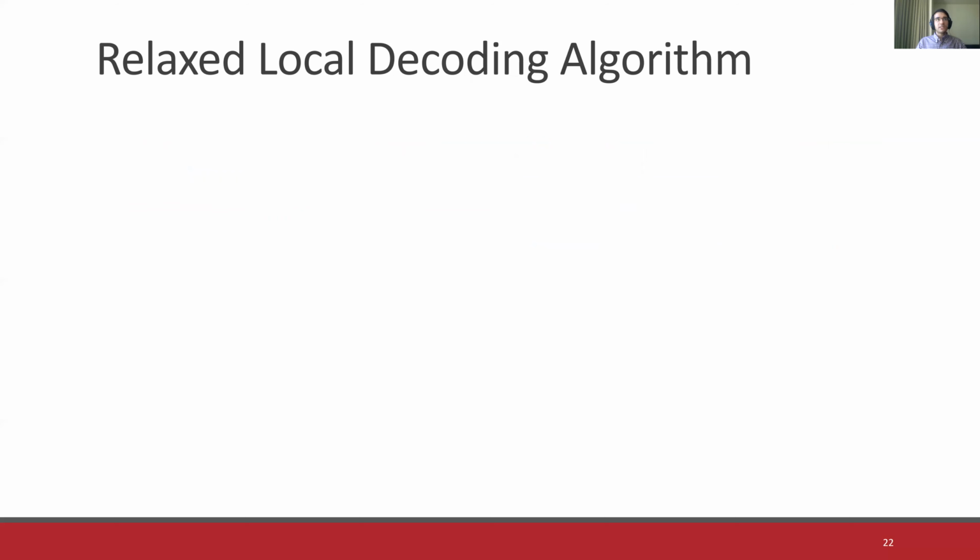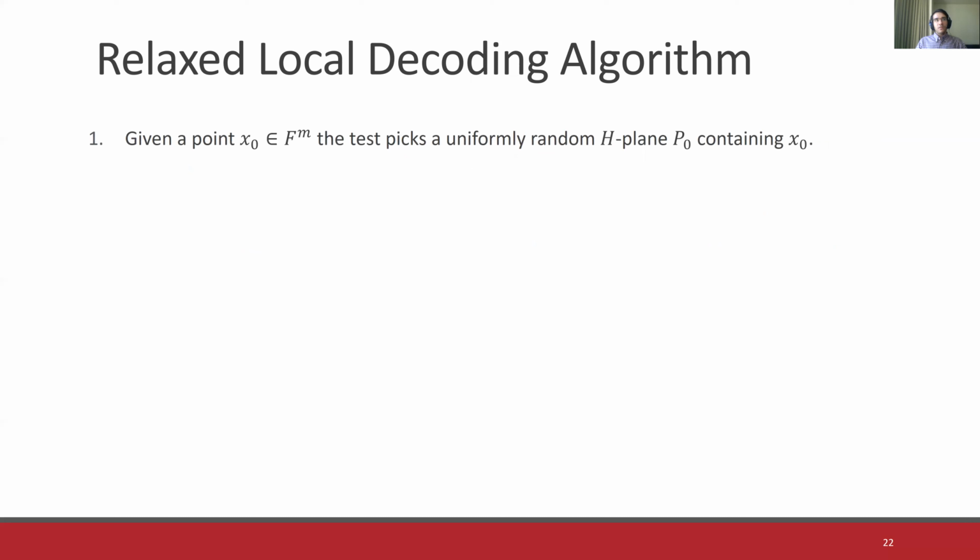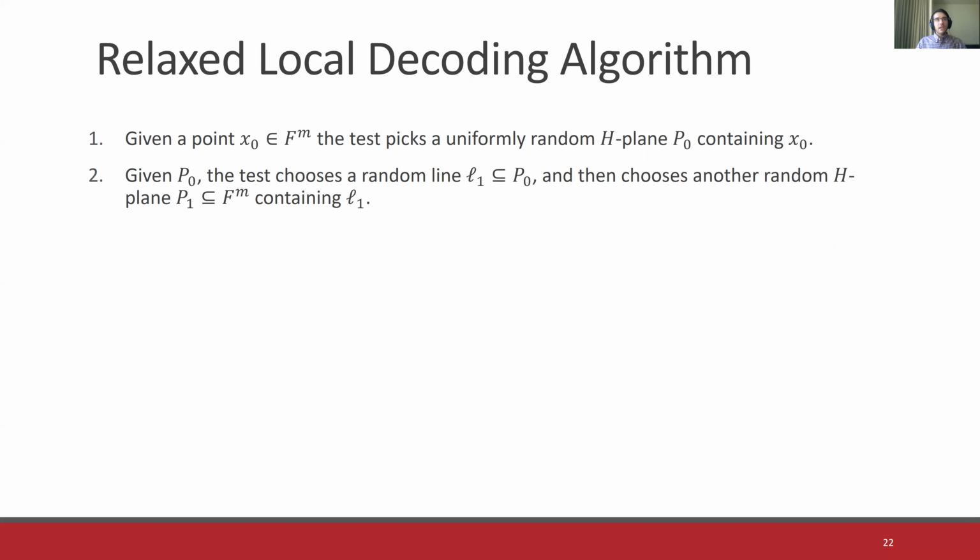So let's see the relaxed local decoding algorithm. First, given a point x0 in F to the power M, the test picks a uniform random H-plane P0 that contains x0. Then the test continues by sampling a random line L1 in P0 and then choosing another H-plane P1 which contains L1.